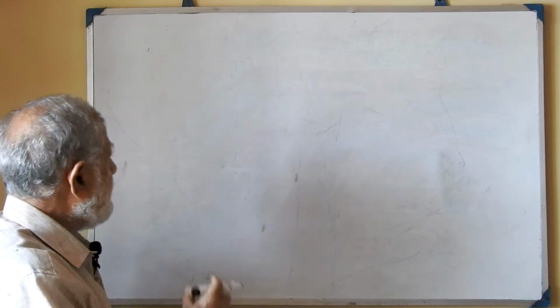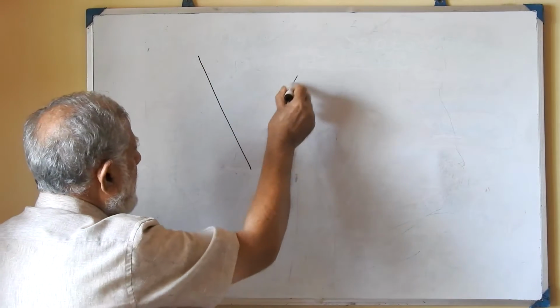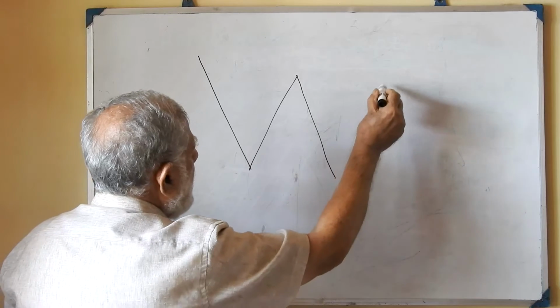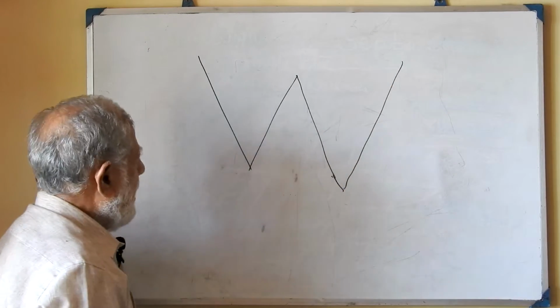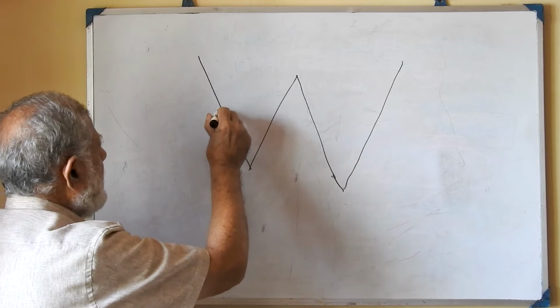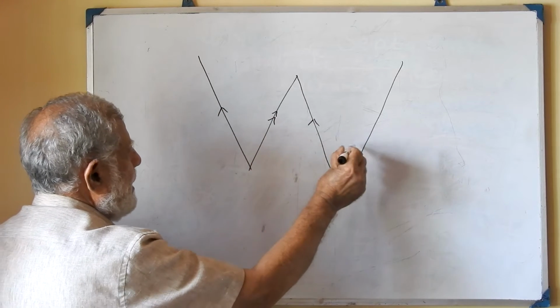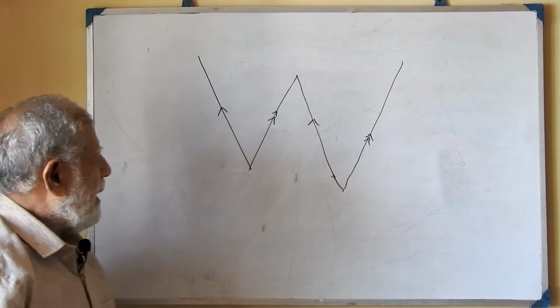Look at this figure. This line is parallel to this line, and this line is parallel to this line. So we have two pairs of parallel lines.